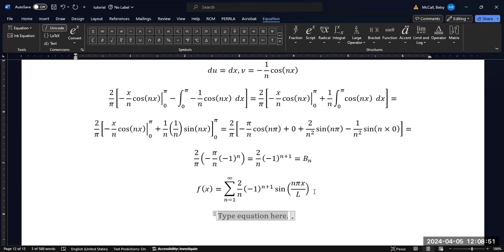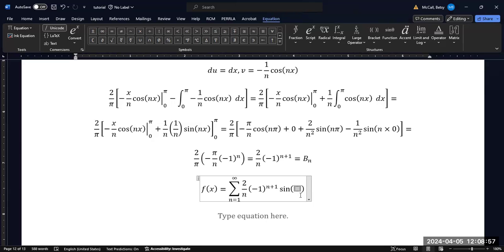Now, if I plug in, this will be my pi, and so this will be nx. All right, so when n is 1, I'm going to get 2, and then this will be positive because it's 1 plus 1, so it'll be an even power, and then sine of x.